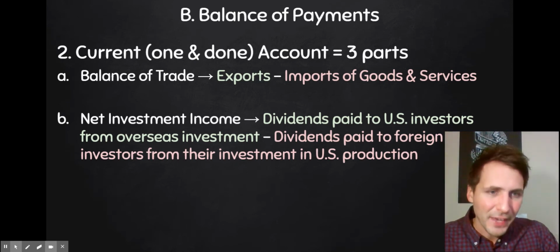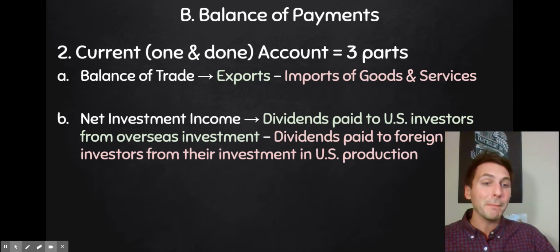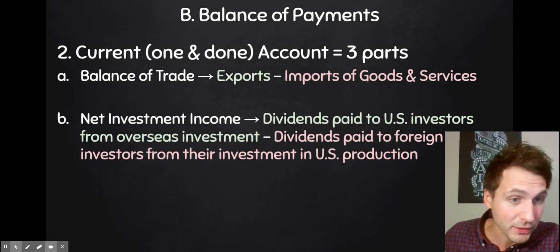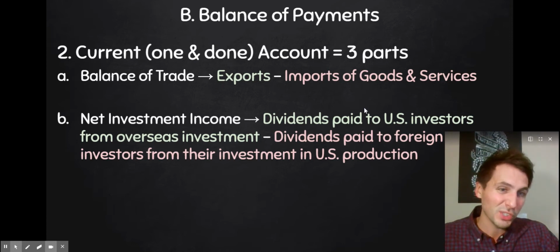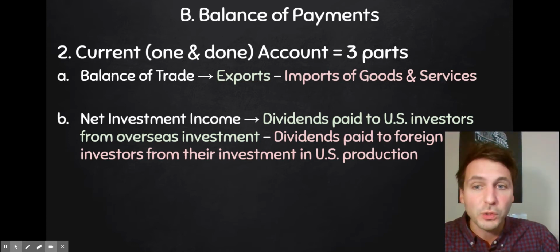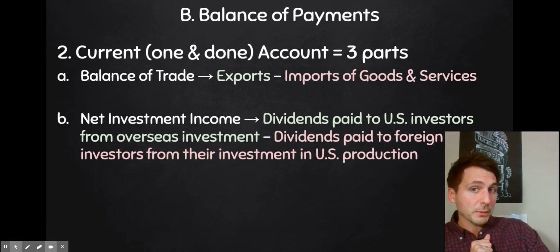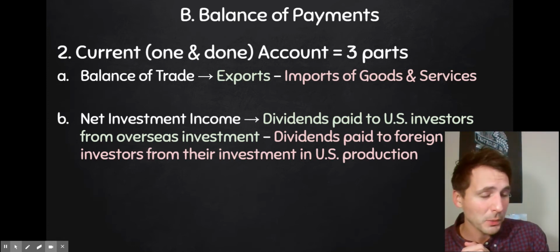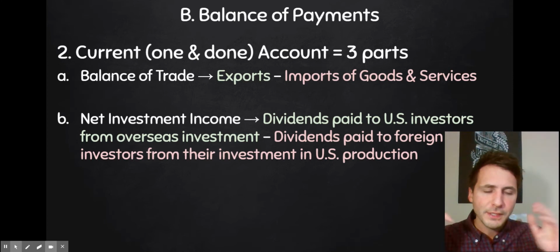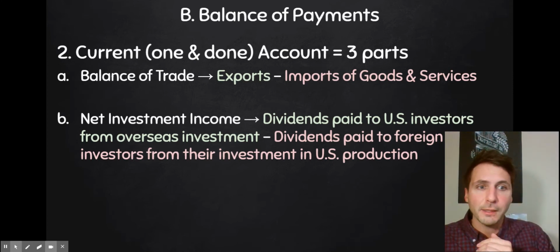Next is the net investment income. This is money you make off of investments that you did previously, right? So, for example, it's the dividends, which is investment money, paid to US investors for their overseas investment minus the dividends paid to foreign investors for the investment in US. In other words, let's say I buy a factory in Japan.